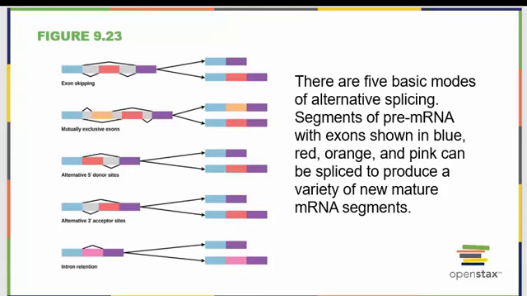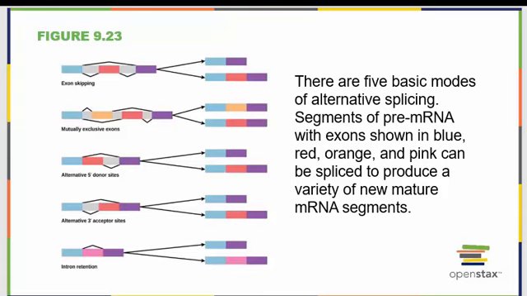There are 5 different models or modes for that alternative splicing that we talked about. And you can kind of see those different modes. We don't completely reshuffle all of our exons. It's not like just throwing them in a grab bag and picking out random ones. Usually, there's some really basic options.